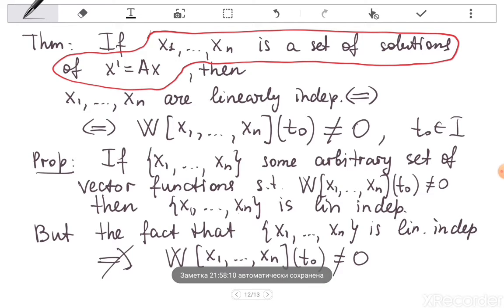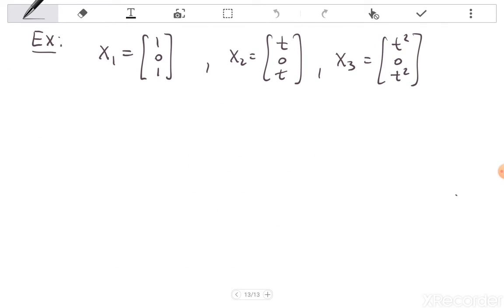So the backward implication of this theorem fails to be true without this condition here. And let me show you this on an example.